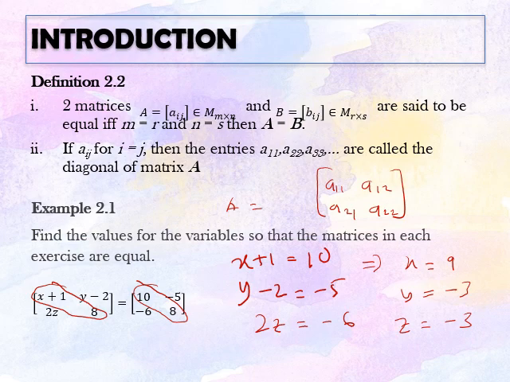This is row 1, row 2, and this is column 1, column 2. So where is the element A11? It's here. A22 is here. This is what we call the diagonal. The same thing for matrix B.